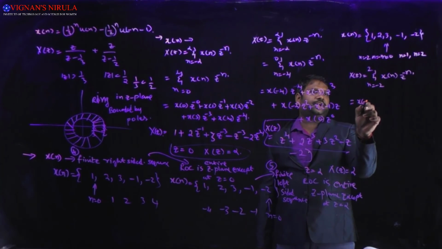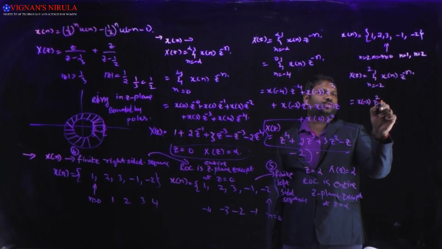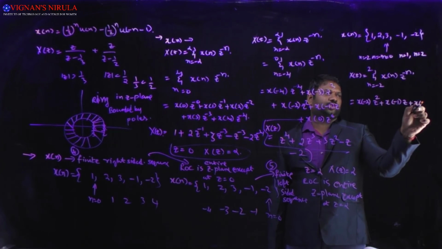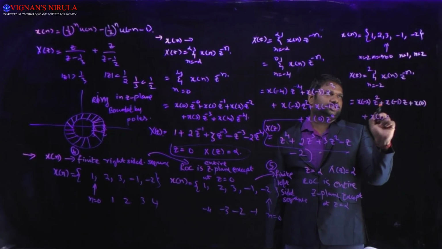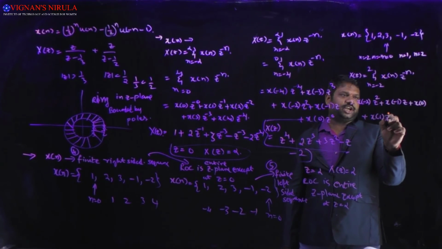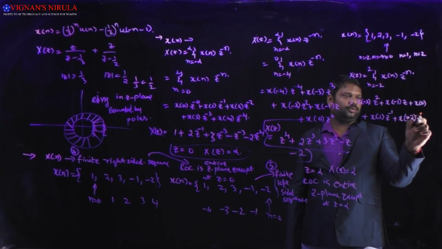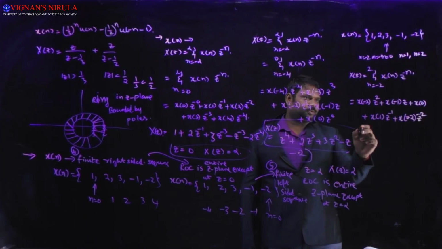Then x of minus 2 z square, x of minus 1 z plus x of 0 plus x of 1 z inverse plus x of 2 z power minus 2.